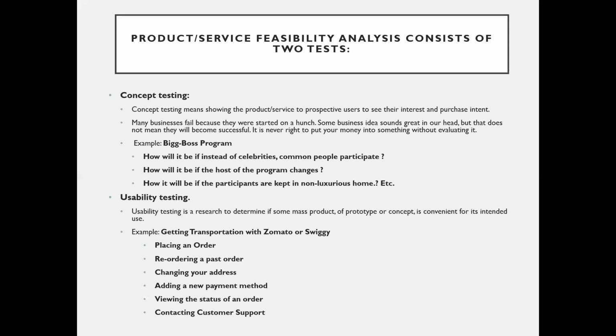All these things, the actual live status, you can see and follow. And next, contacting customer support. Whenever you want to contact the customer support about anything, you can easily contact them.